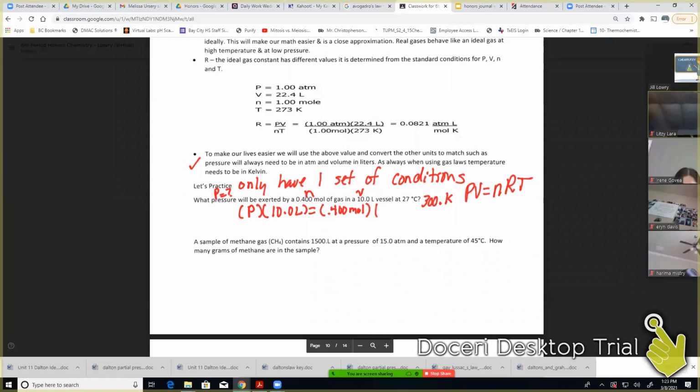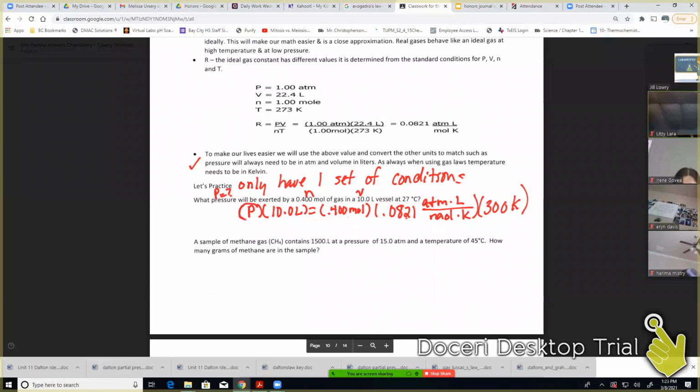For my R, I'm going to choose my 0.0821 because that's the most common one. And the units on that are atmospheres times liter divided by mole times Kelvin. So there's my n, R, and then my temperature was, what did we say it was? 300? And there is my temperature.